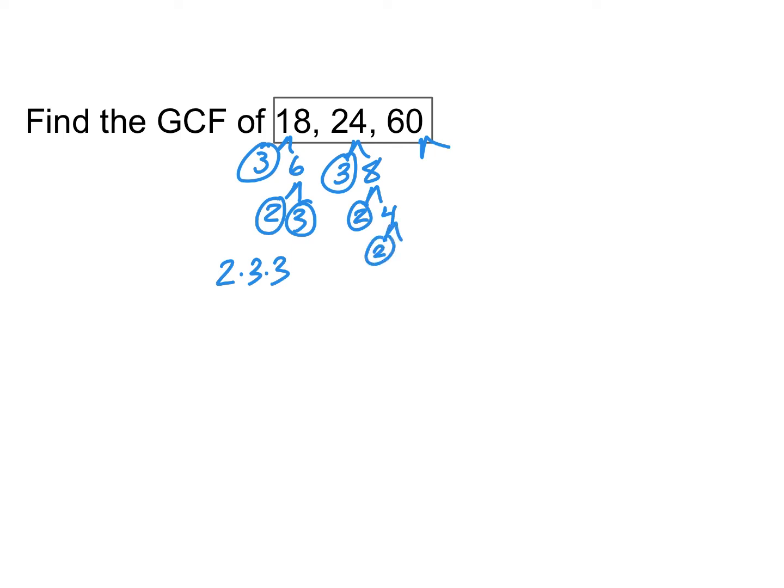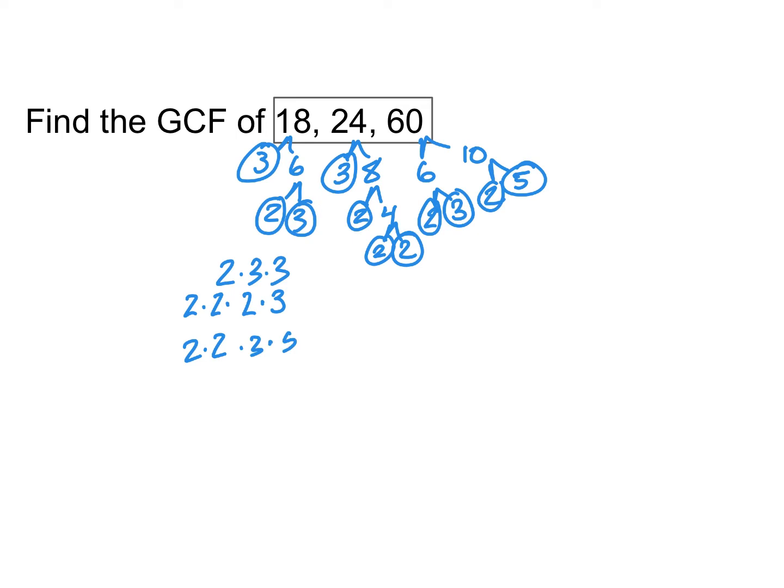You'll get the same result. So I'm going to put it over here: 2 times 2 times 2 times 3. Okay, and then 60. I'm going to go 6 times 10. 2 times 3. 2 times 5. Okay, and I'm going to go 2 times 2 times 3 times 5.